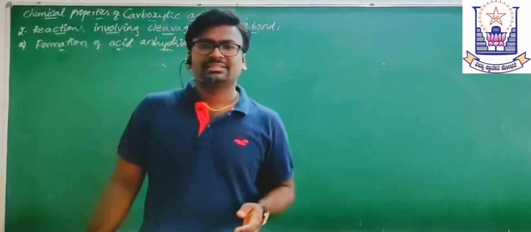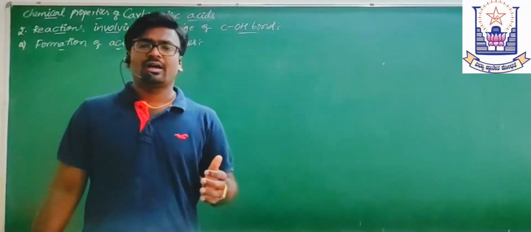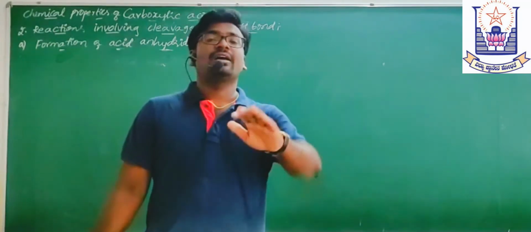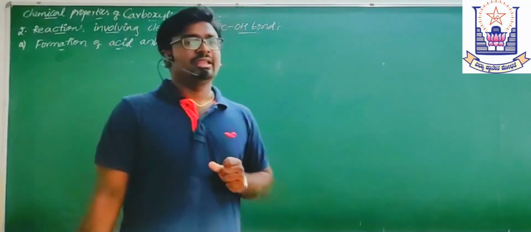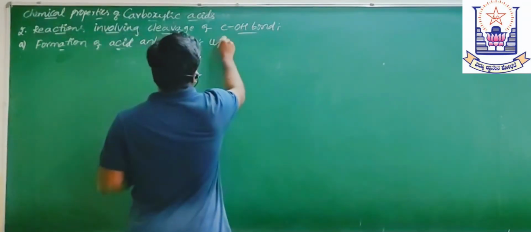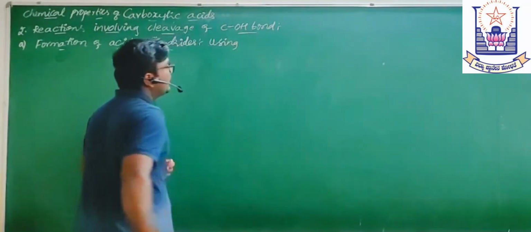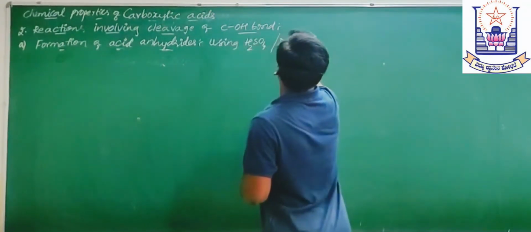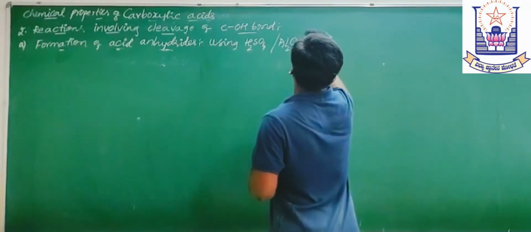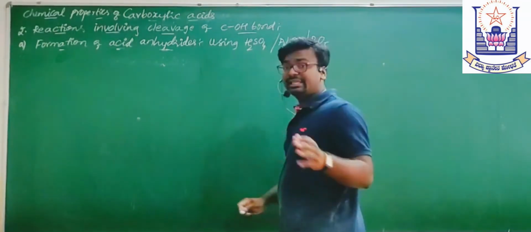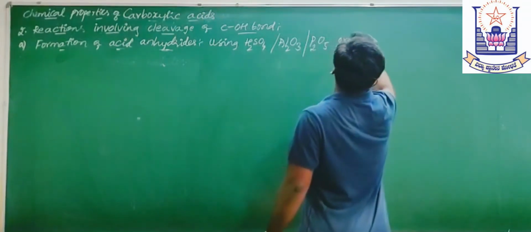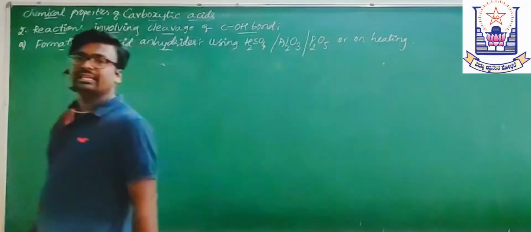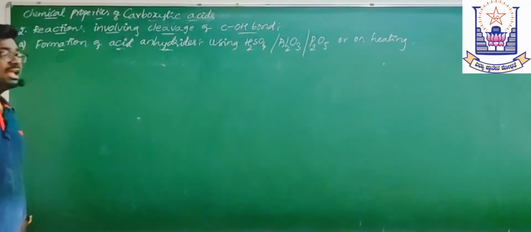Using a mineral acid like H2SO4, or alumina Al2O3, or phosphorus pentoxide, or upon heating, we can easily convert the carboxylic acids to acid anhydrides.